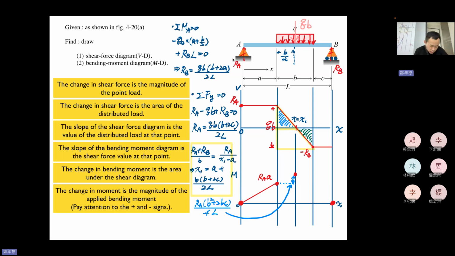So you can see RA and 0 slope here. So you connect them, and also the value of the slope is decreasing, so you cannot draw a straight line. It will be a second order curve. Okay, so steep and then flat.